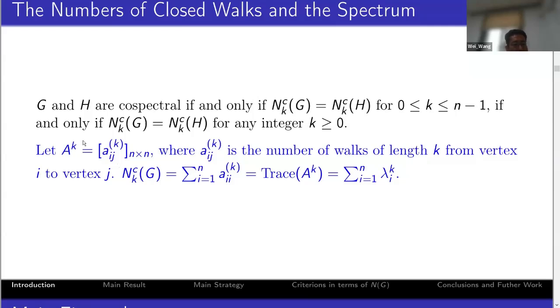Suppose A is the adjacency matrix of the graph, and suppose the (i, j) entry of A to the power k is this quantity, then we have this formula. From this formula, it's easy to obtain that G and H are co-spectral if and only if they have the same number of closed walks.